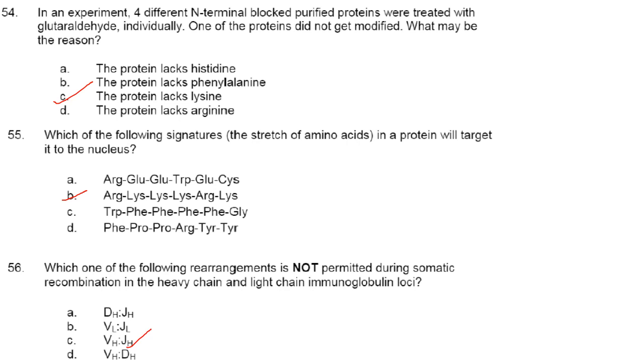That is known as the 12 by 23 rule. Thus, for the heavy chain, a DH gene segment can be joined to a JH gene segment and a VH gene segment to a DH gene segment. So DH can be joined to JH, VH can be joined to DH, but a VH gene segment cannot be joined to a JH gene segment.